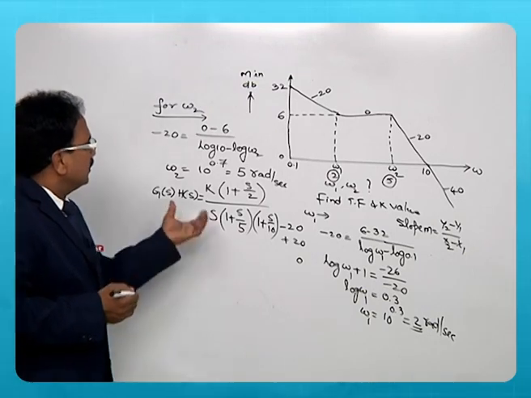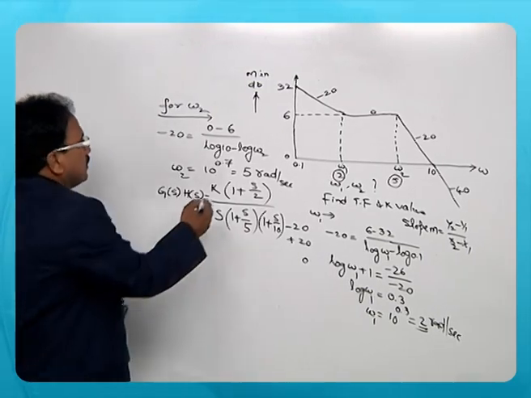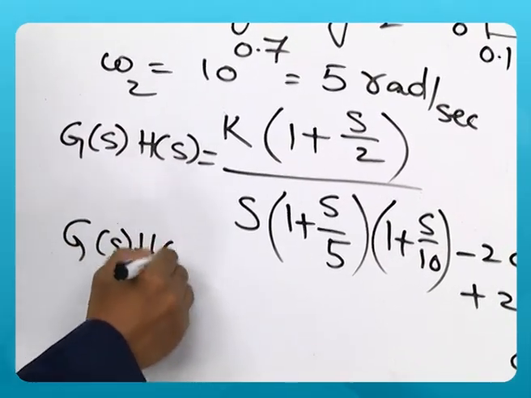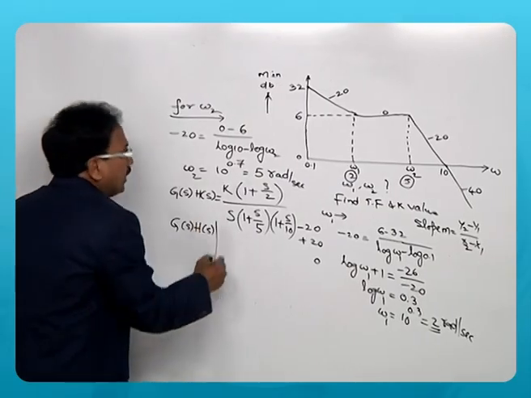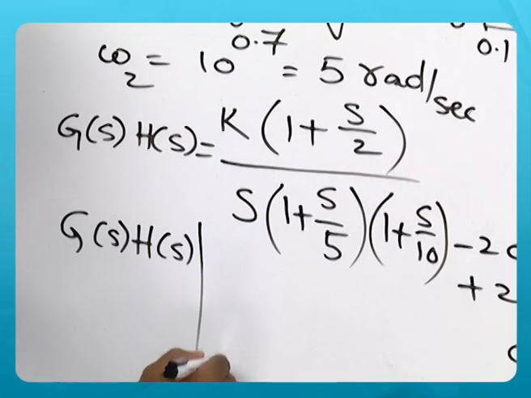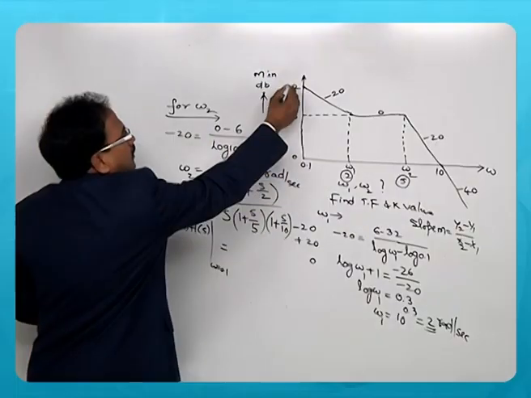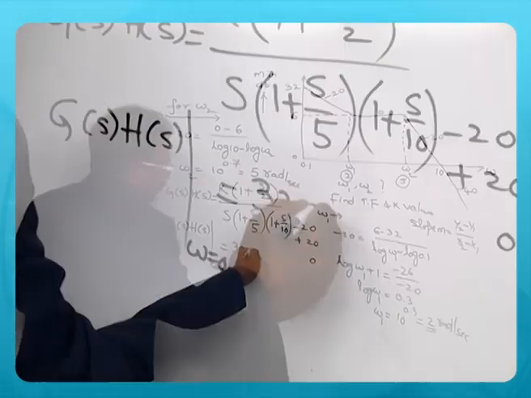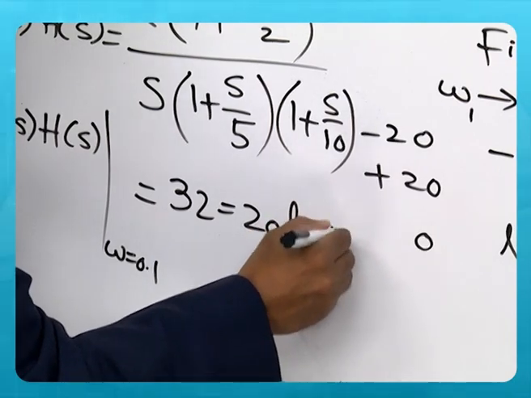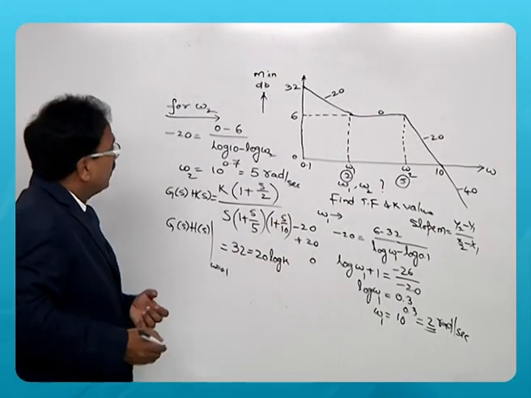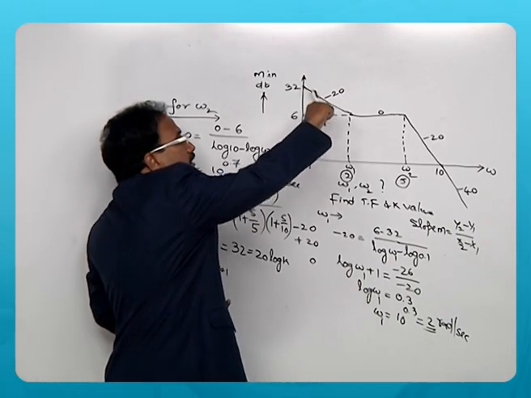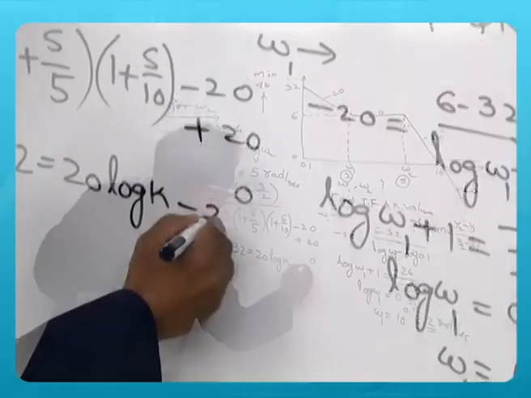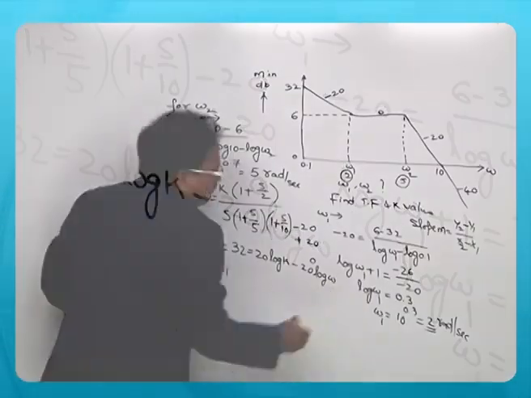Now this is the loop transfer function. Our interest is to find the value of k. Always you must see the magnitude of the given function at omega equal to 0.1, which is 32, the highest value. That must be equated to 20 log k because it is expressed in decibels, and as the plot begins with a slope of minus 20, we must write here minus 20 log omega.